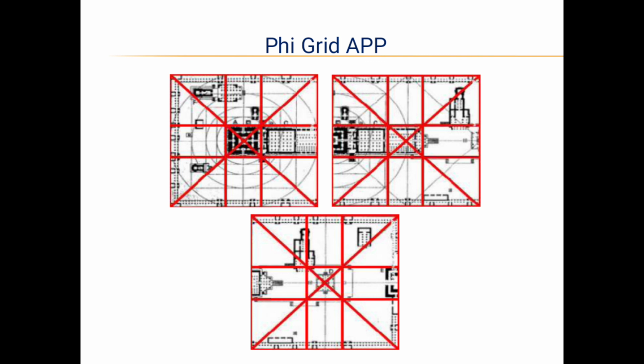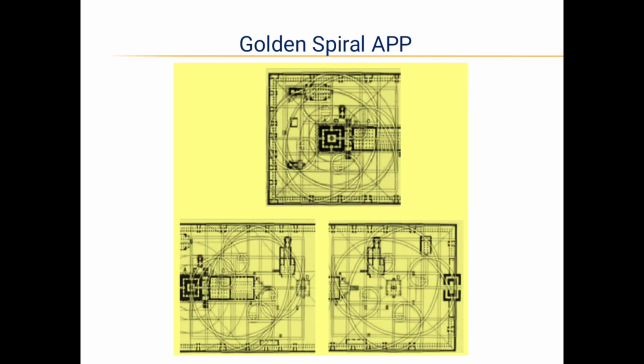Using the pie graph we saw here, the first picture shows that the golden portion of the pie graph exists and occupies the Garbhagraham. The second one occupies the middle of the temple, and the third one occupies the Nandi Mandavam.